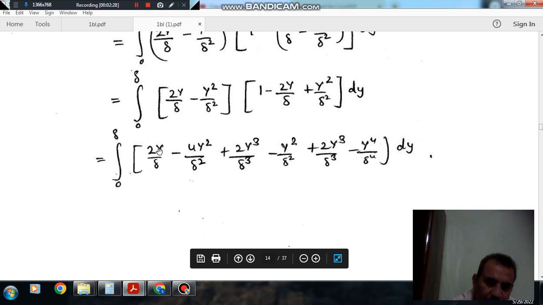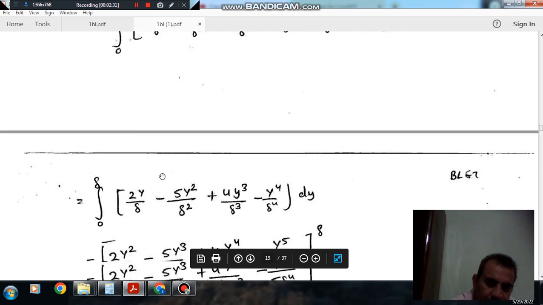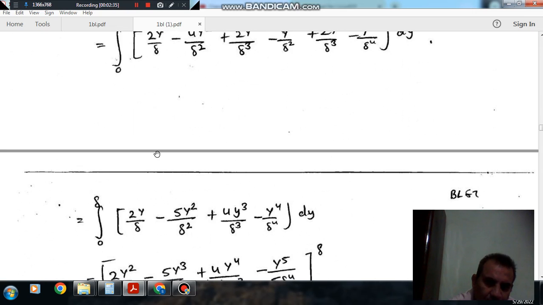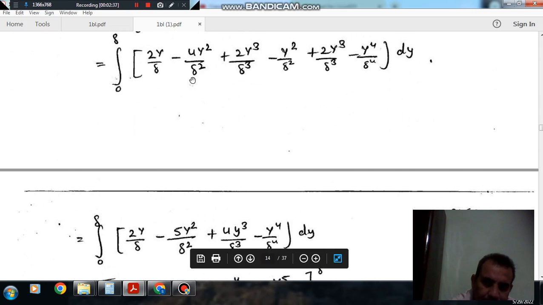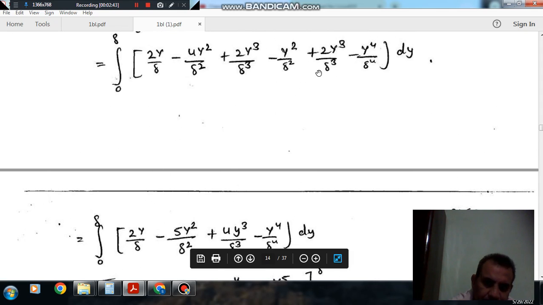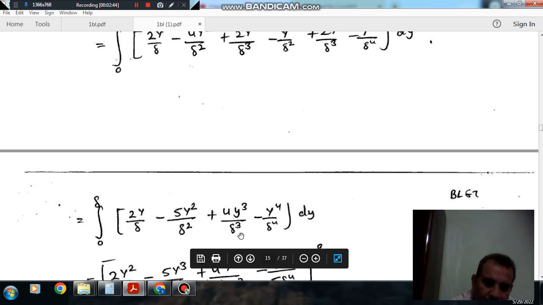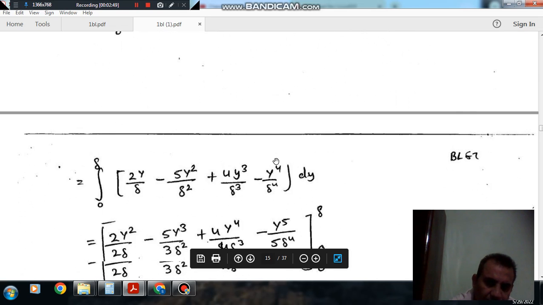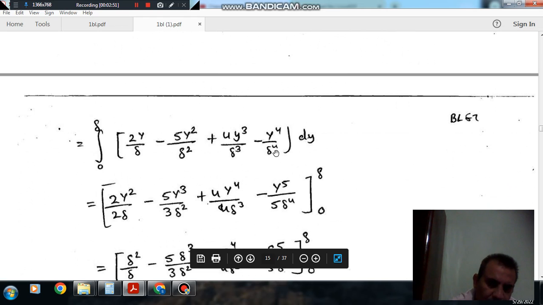So now solving it, it will be 2y by delta minus 2y by delta, and here this is a y square term and here a y square term, so it will be 5y square by delta square, and similarly this will be 4y cube by delta cube, and this will be minus y to the power 4 by delta 4.